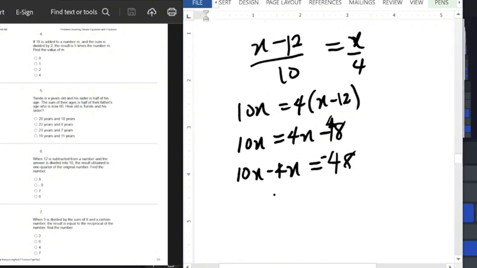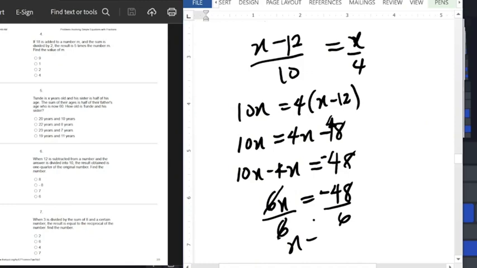So this will give us 6x equals to minus 48. So we divide both sides by 6. So 6 will cancel 6. 48 divided by 6 gives us 8. That is minus 8. So the answer is minus 8. That's option B. I hope that is clear.